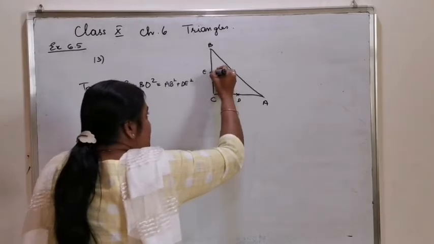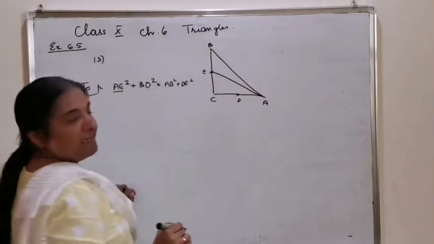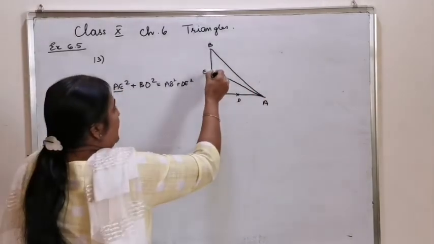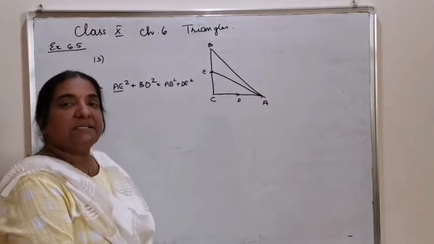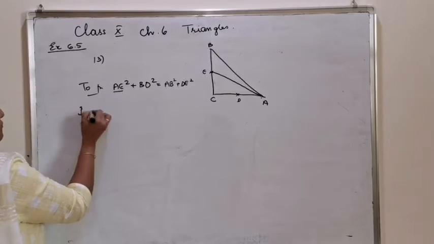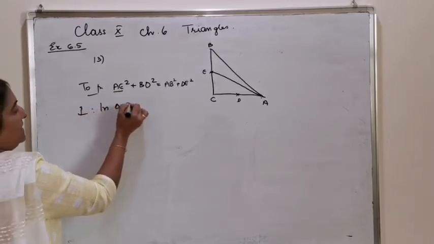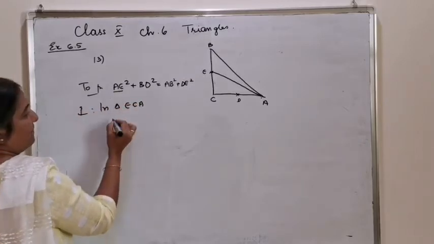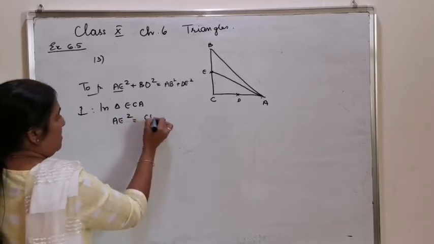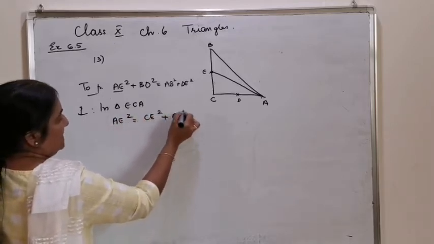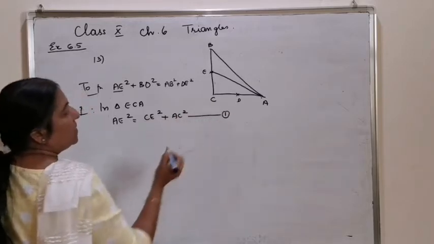In that case, join AE and you can see that triangle ECA is a right triangle. Proof: in triangle ECA, AE square, that is hypotenuse square, is equal to altitude square plus base square, equation number 1.